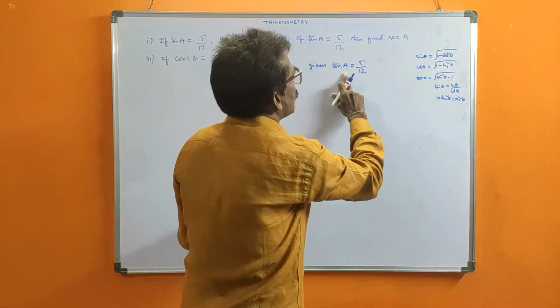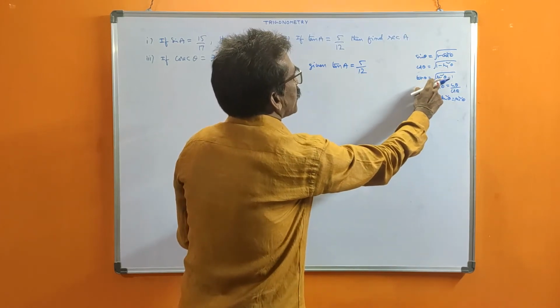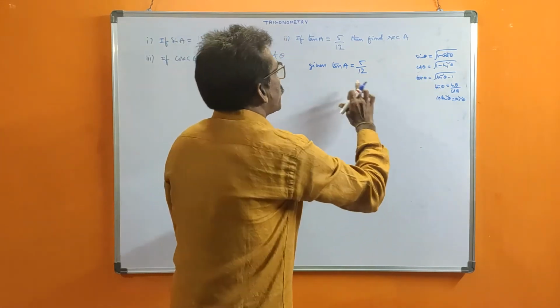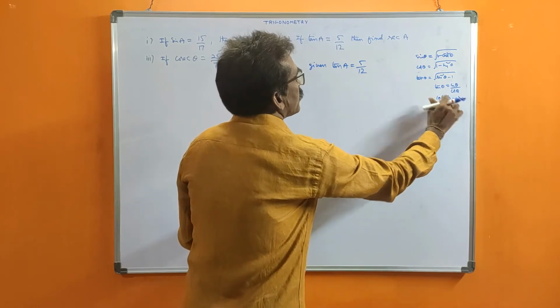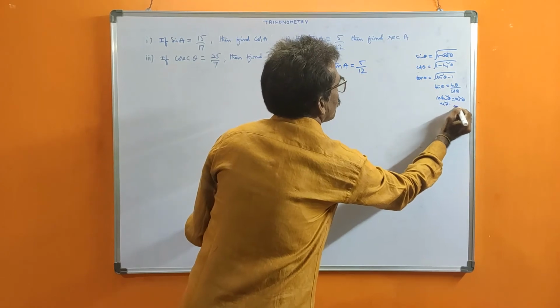Here tan A is given, so in this formula tan A means we can calculate secant theta. If we want secant theta only, it is the root of 1 plus tan square theta.